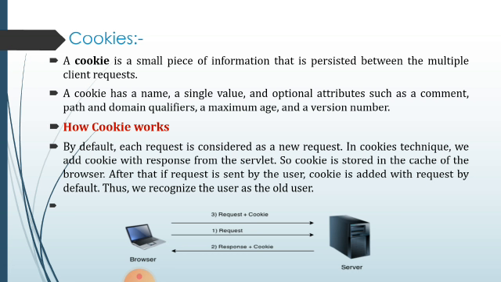A cookie has a name, a single value, and optional attributes such as comment, path, domain qualifier, a maximum age and a version number. So these are all the things that small file will have.